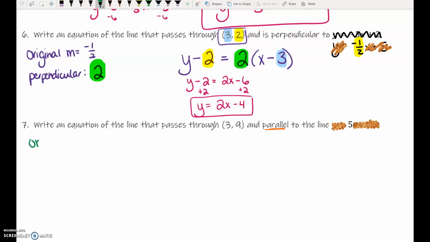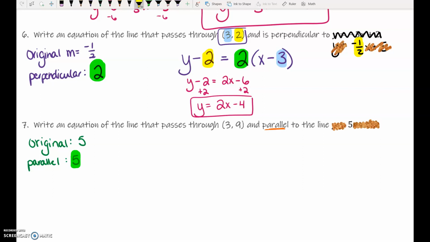Okay, so in this case, our original slope is 5. What is a slope that is parallel to a slope of 5? 5. Parallel slopes are the same. Remember, perpendicular slopes are opposite reciprocals. Parallel slopes are the same. So we are going to use a slope of 5.